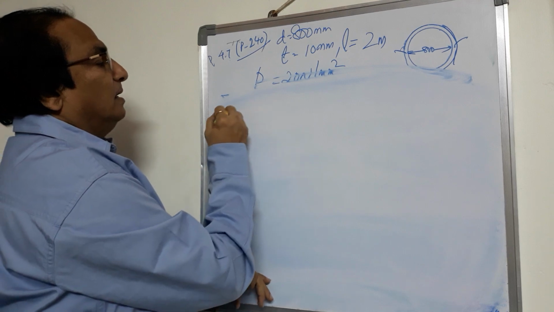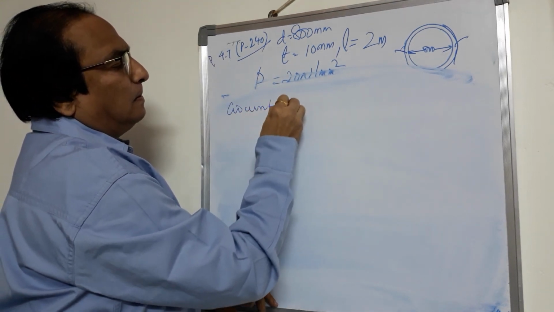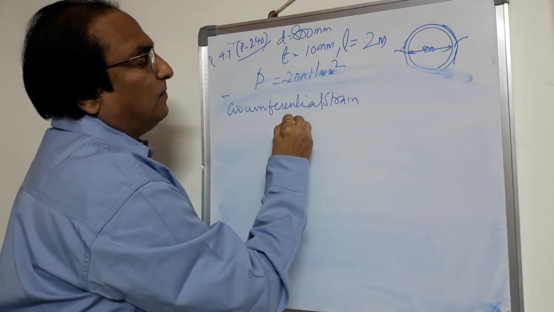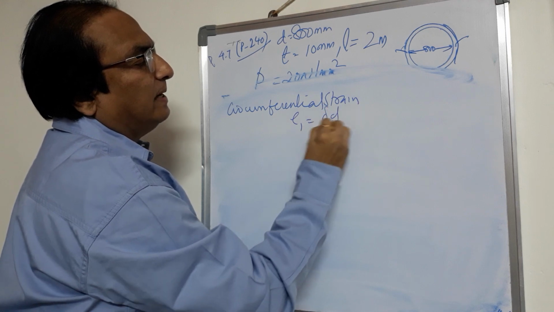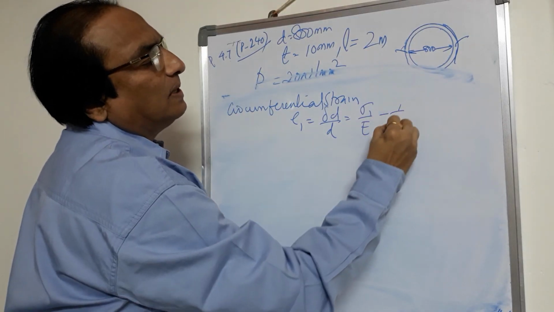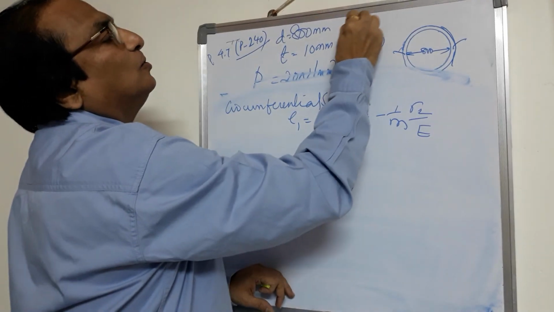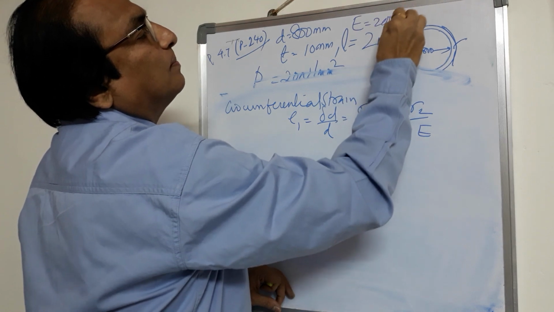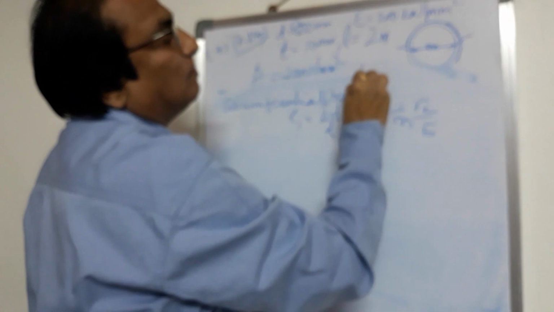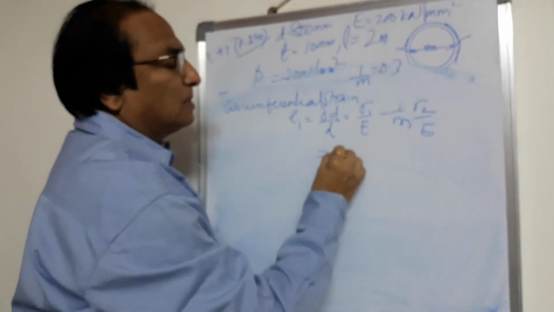Suppose you go for circumferential strain, E1, this is nothing but delta D by D. So this is equal to sigma 1 by E minus (1 by m) sigma 2 by E. Suppose E is given to you as 200 kilonewton per mm square, and Poisson's ratio 1 by m is equal to 0.3. Using these values, you know sigma 1 is 800.